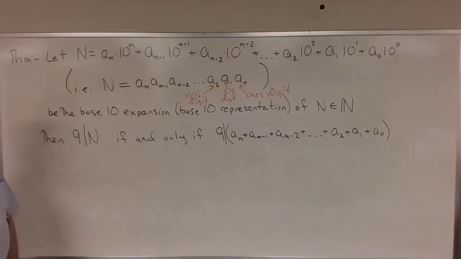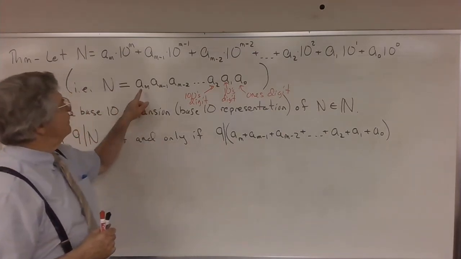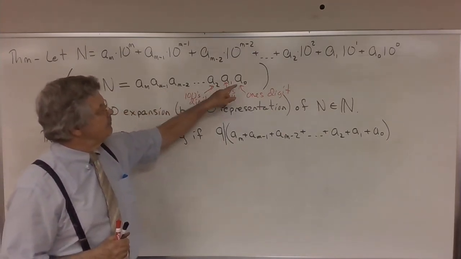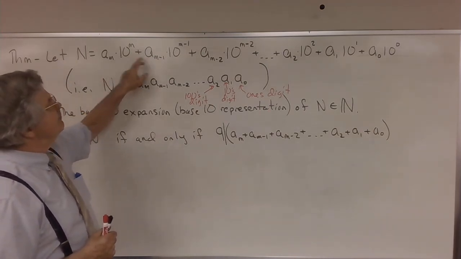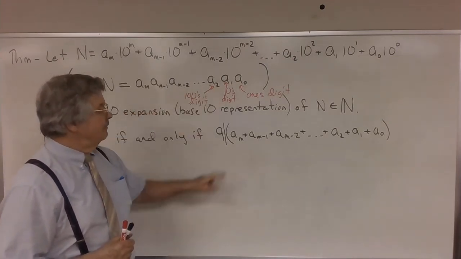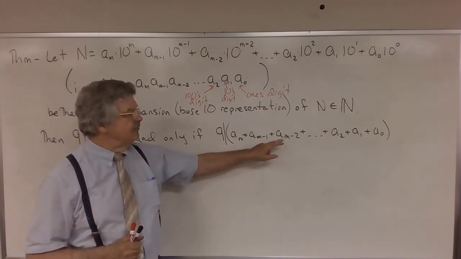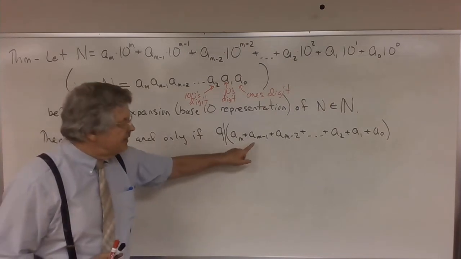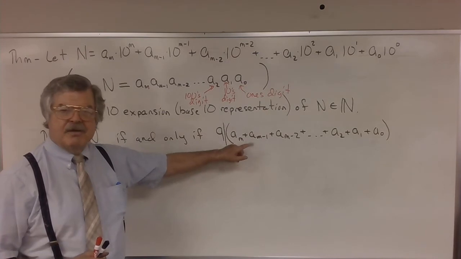Well, here's the theorem. If 9 is a divisor of n, then it's also true that if we just take the sum of these digits, not the sum of the digits times their respective powers of 10, but just the sum of the digits themselves, a sub m plus a sub m minus 1 plus a sub m minus 2, and so forth, then 9 has to divide that sum also.